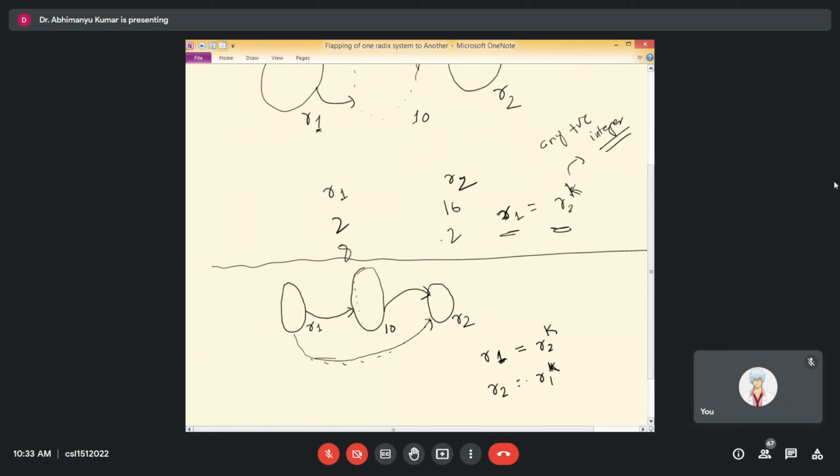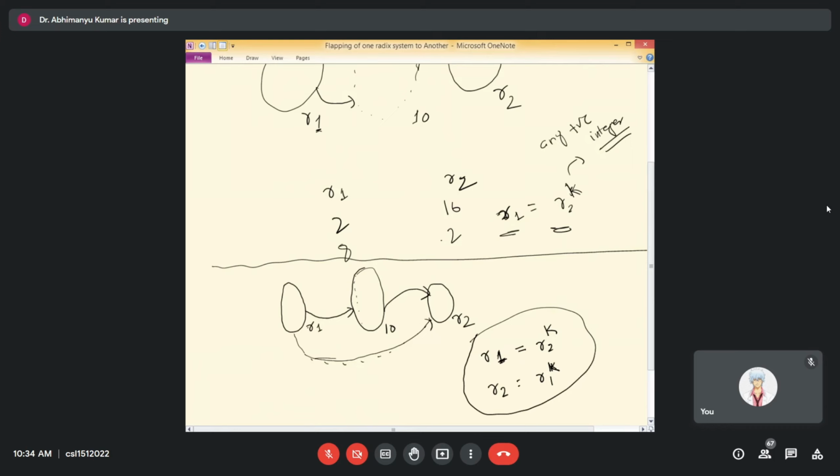Either this one or this one. If it is possible, then we have a direct mapping technique: we can convert any quantity represented in base R1 to the equivalent quantity in base R2 with a direct expression and direct conversion. But if we are unable to relate R1 and R2 in this way, then we are unable to convert the quantity directly.